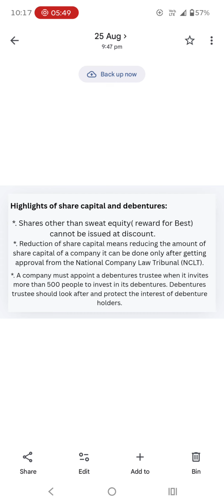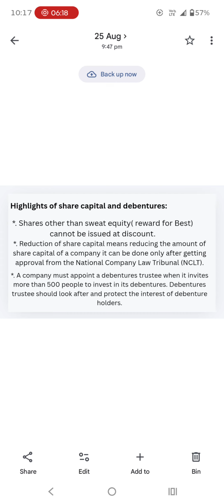It can be done only after getting the approval from the National Company Law Tribunal, NCLT. If the National Company Law Tribunal gives the approval, then only the reduction of share capital is done.